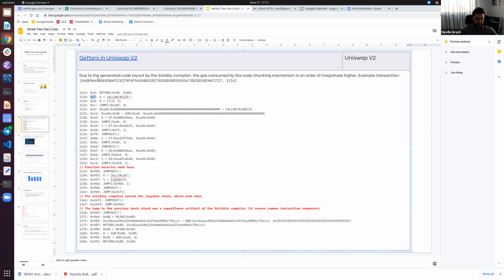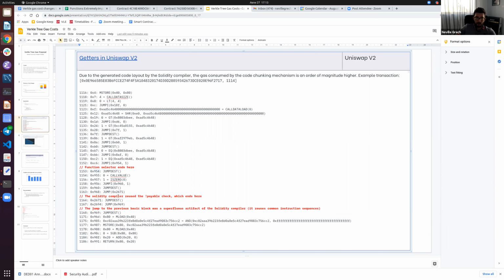All right, so the function selector ends here, and then you've got a large jump here. It jumps to an instruction which is quite far away, and so you have to pay that extra price of going from one subtree to another.